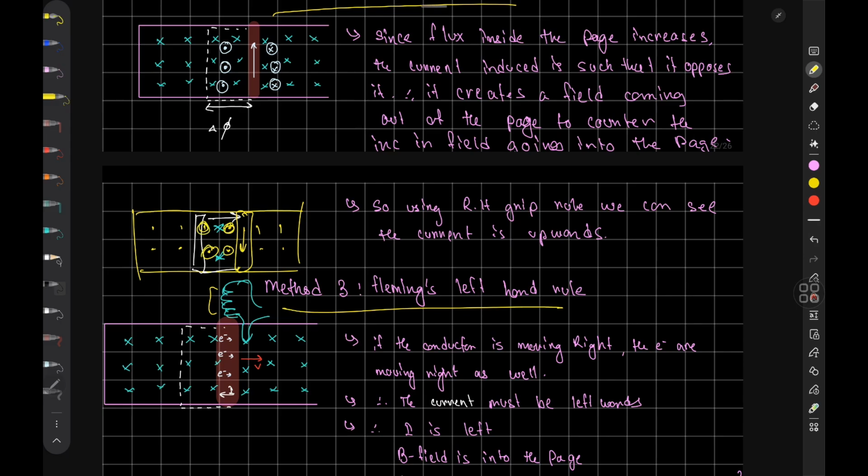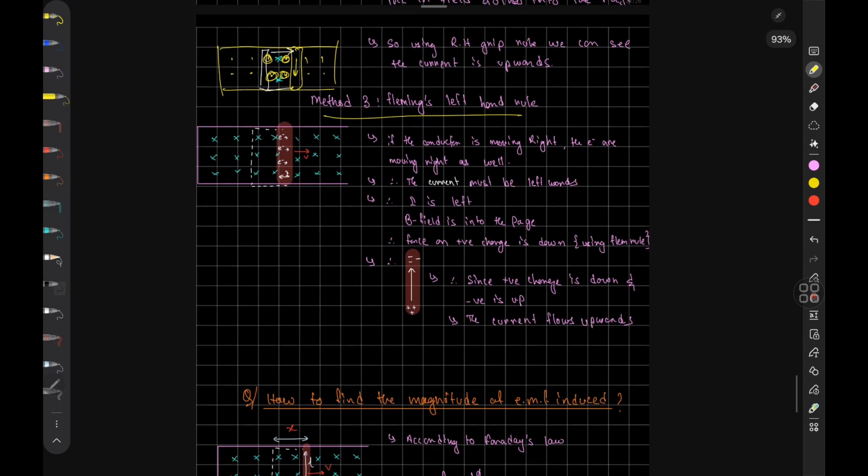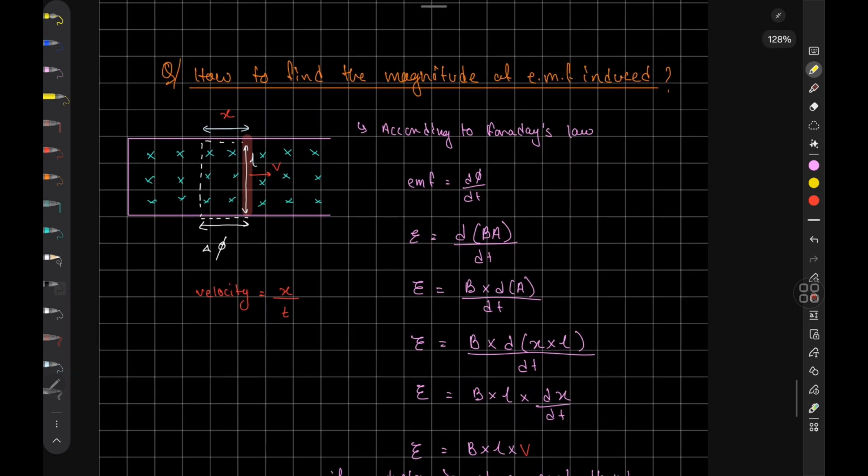Because over here the change of magnetic flux is out of the page, so the induced magnetic field should be into the page. So I wrap my fingers around into the page, and my thumb shows that the current is downwards. Got it? So that's how we can use Lenz's law. That's one way to find it out. Hopefully that makes sense.